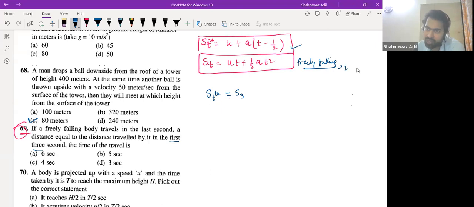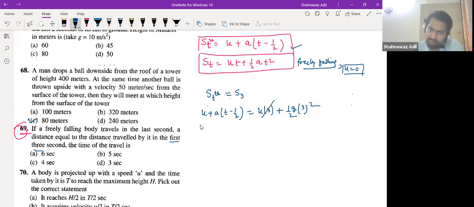So u is 0, so this is u plus at minus half, and this is u, and t is 3, plus half a, which is g, and then 3 square. Because it is falling down, so this would be plus. Understood? Yes, sir. So u is 0, this is cancelled, this is cancelled.